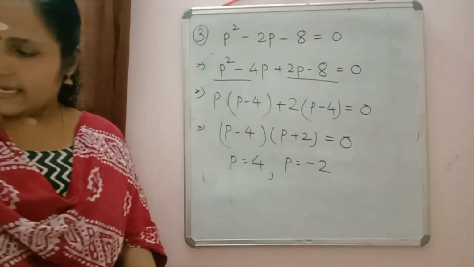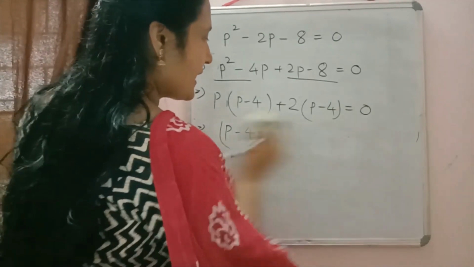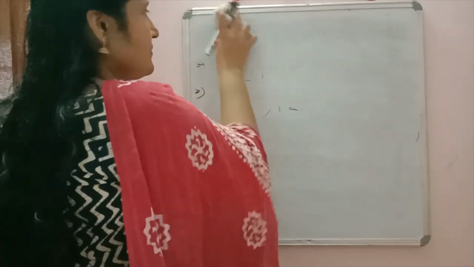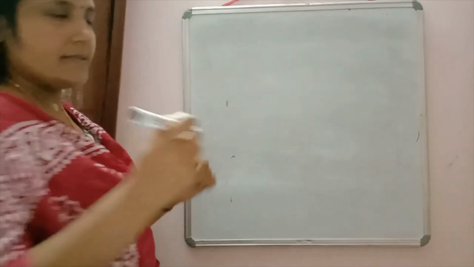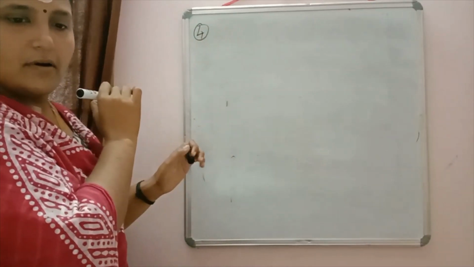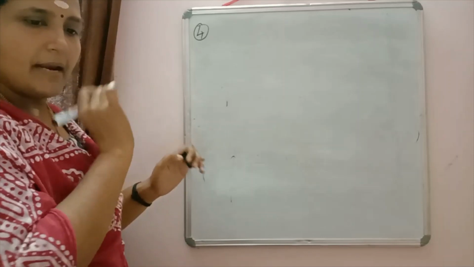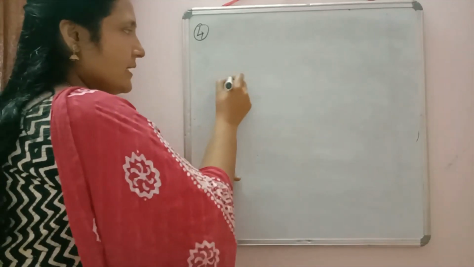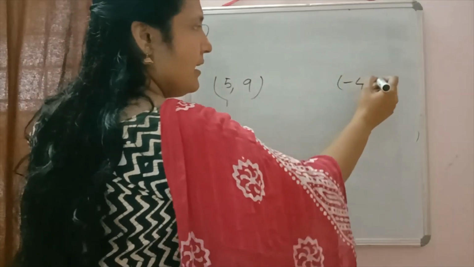Now moving on to the next question, that is, which point on the x-axis is equidistant from the points. So first I am writing the points here, that is 5, 9 and -4, 6.